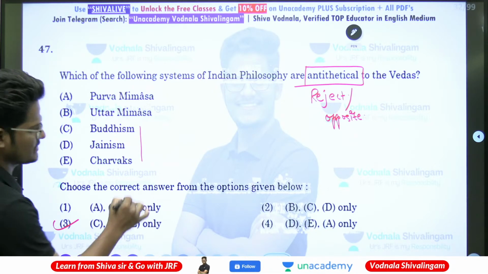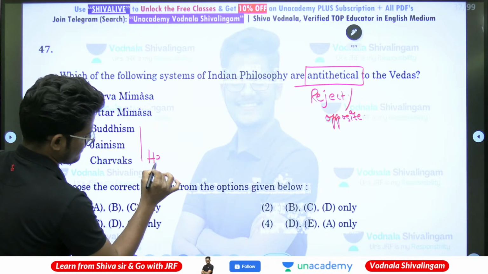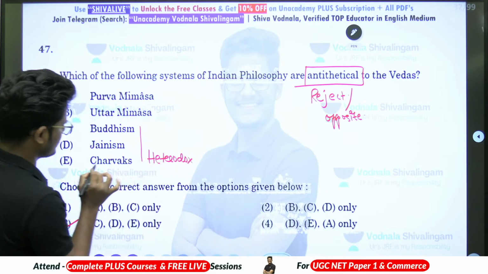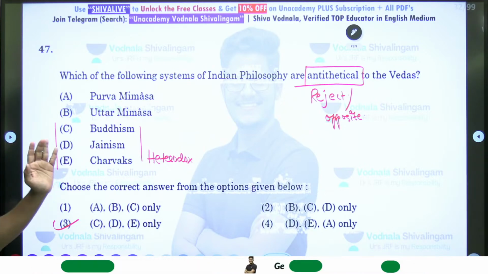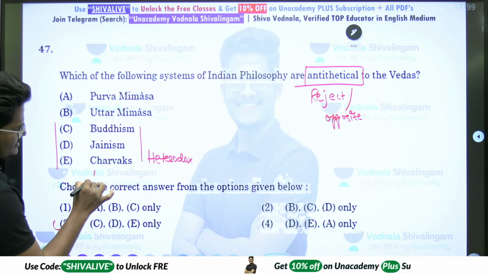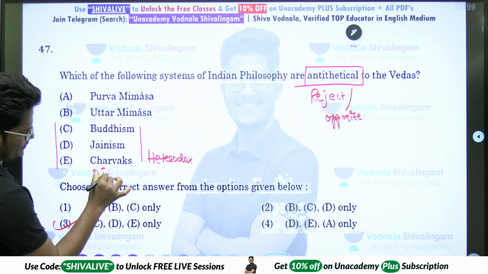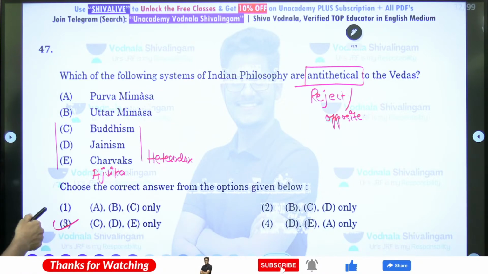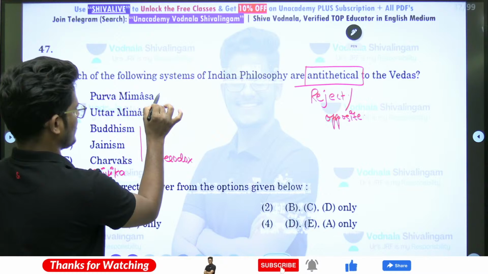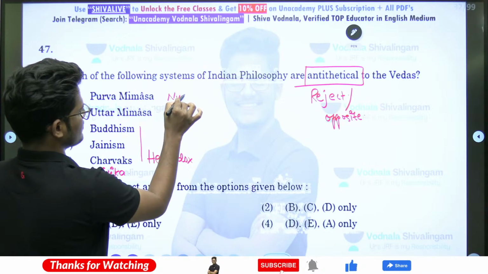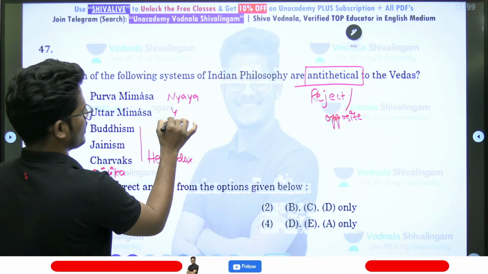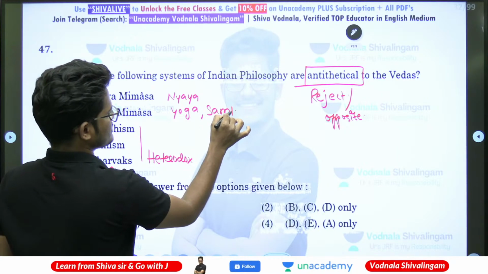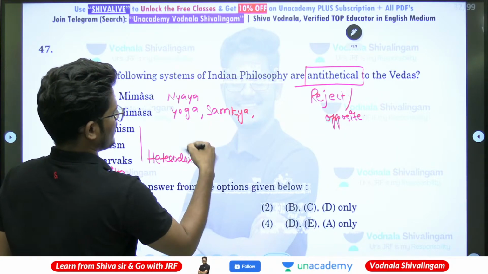You can just see, is it an Astika philosophy or Nastika philosophy? This is heterodox. Heterodox schools of philosophies are Buddhism, Jainism, Charvakas. One more is also there, Ajivika, which is anti-ethical to the Vedas. Whereas Purva and Uttara Mimamsa, as well as Nyaya philosophy, as well as Yoga, as well as Sankhya philosophy, and moreover what?